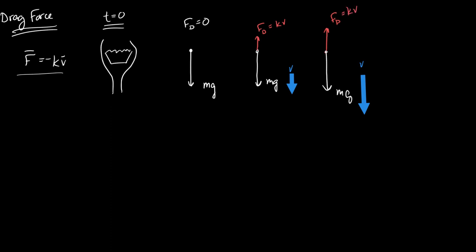If it's moving faster, is the net force staying the same, or is the net force changing? The net force has to be changing. The kv part is getting bigger. So it's not accelerating as much, because now the upward force is bigger than it was a moment ago. Eventually, you will reach a steady state condition.